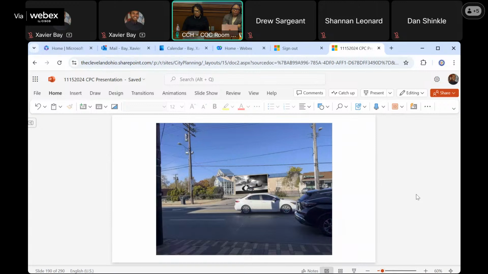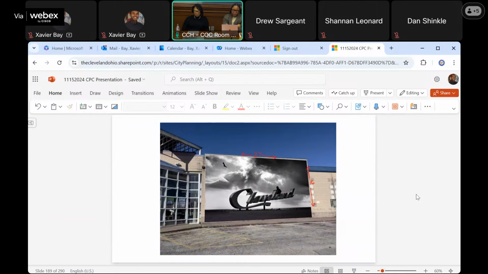Everybody appreciates being from Cleveland, and what if Mount Pleasant could experience the same popular Cleveland sign that you see on photographs, on t-shirts and this sort of thing? So this was our way to bring the Cleveland sign to Mount Pleasant.